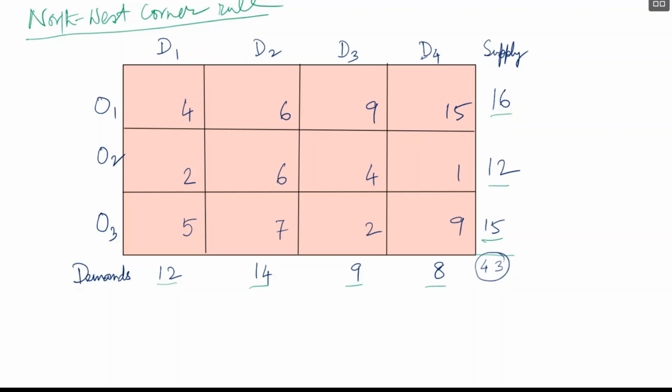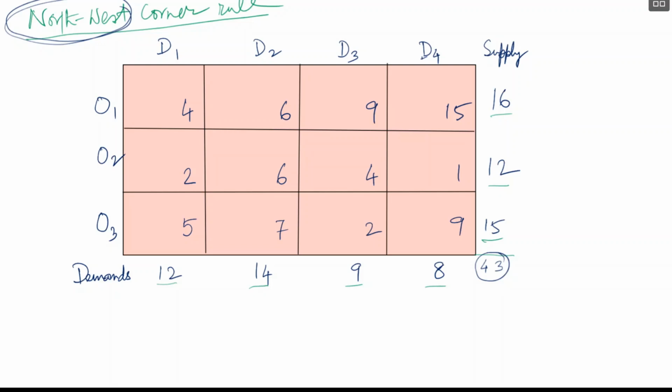Next we move forward to get an initial basic feasible solution. As the name suggests, we start from the very northwest corner cell, that is the 1,1 cell. In the 1,1 cell, the supply available is 16 units and the demand required is 12 units.